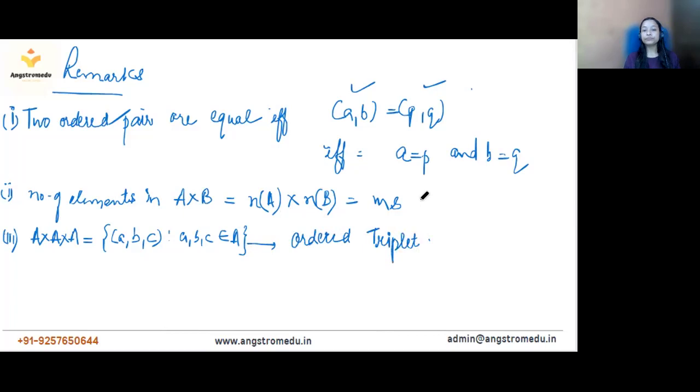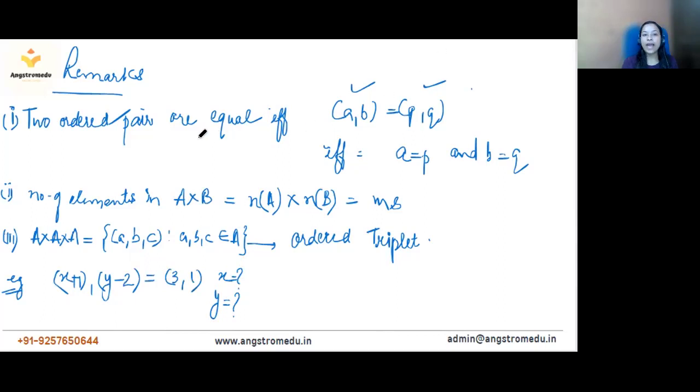Now, if I ask you a question according to this, let's see the example. If I have an ordered pair (x + 1, y - 2) equal to (3, 1), I'm saying this ordered pair is equal. Then what is the value of x and y?